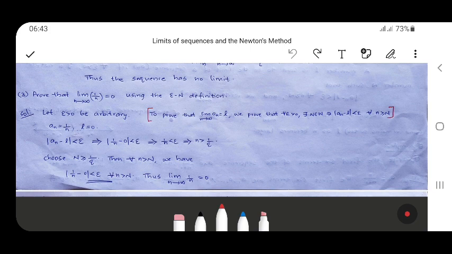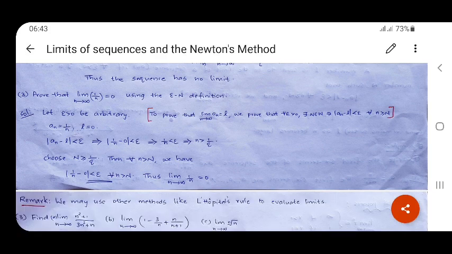Therefore, choosing capital N greater than or equal to 1 by epsilon, for every n greater than capital N, we have modulus of 1 by n minus 0 less than epsilon. Thus, limit n tends to infinity 1 by n is equal to 0.